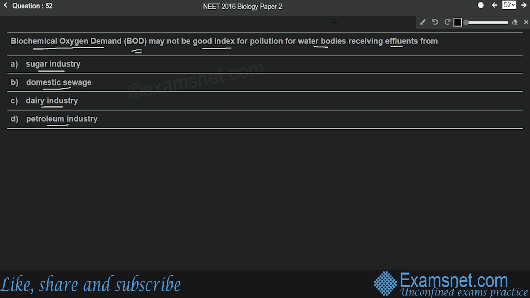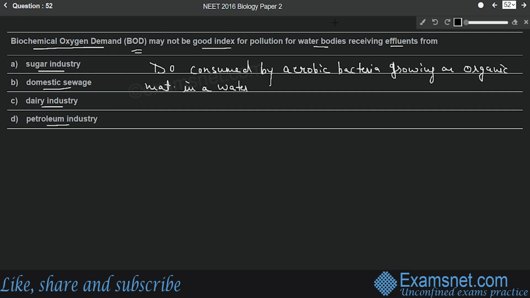It is the measurement of dissolved oxygen that is consumed by aerobic bacteria living on the organic material or growing on organic material in a water sample at a specific temperature over a specific time period.